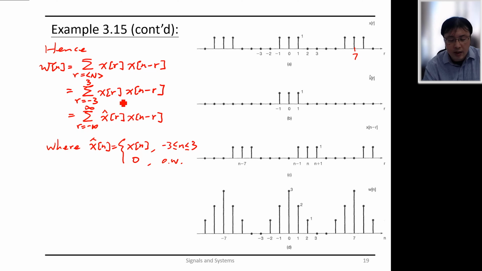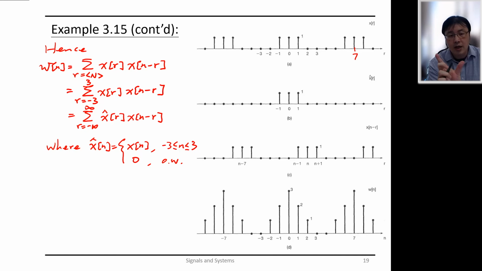Now I want to take the convolution between xr, which is this, and itself. So x of n minus r is xr flipped around and shifted to time n.